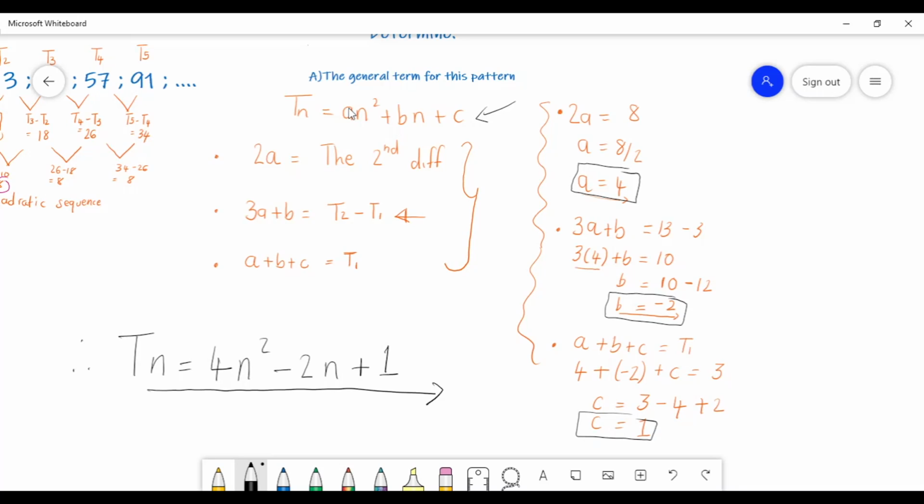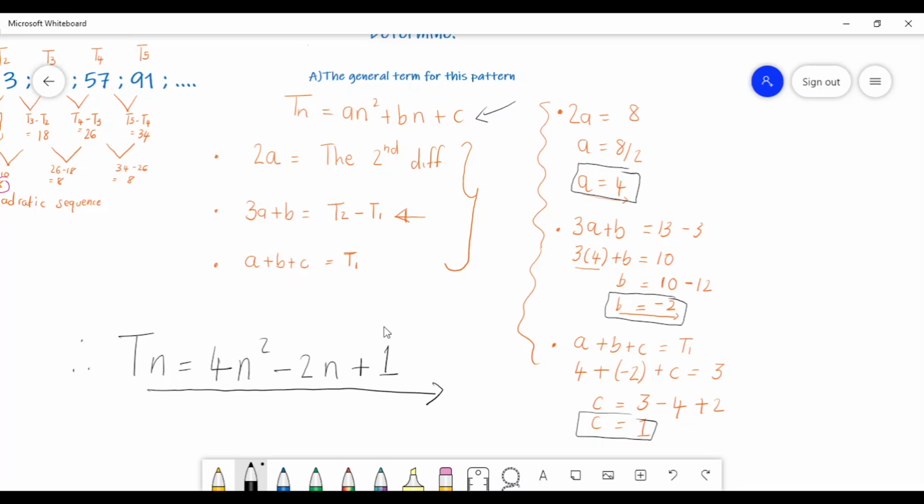The other three equations that you really need to remember are that 2a is equal to the second difference, 3a plus b is equal to t2 minus t1, and a plus b plus c is equal to t1. Guys, if you don't remember these equations, you are not going to be able to answer your questions. You need to memorize them.